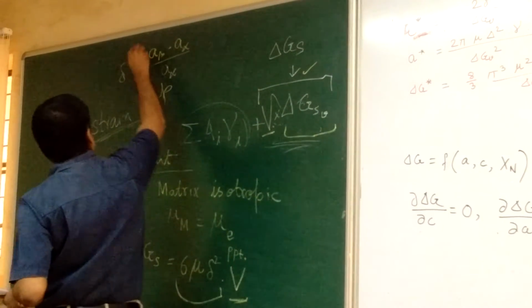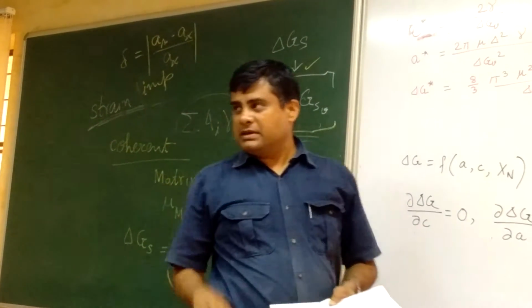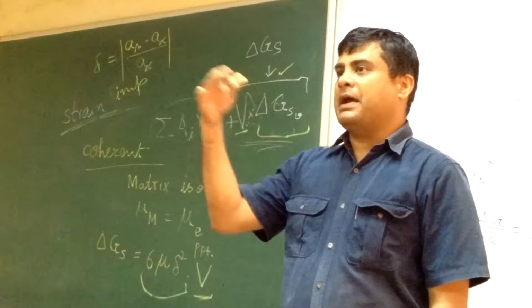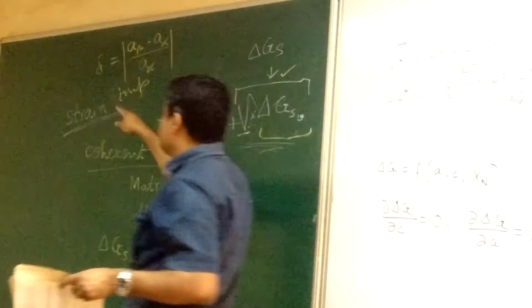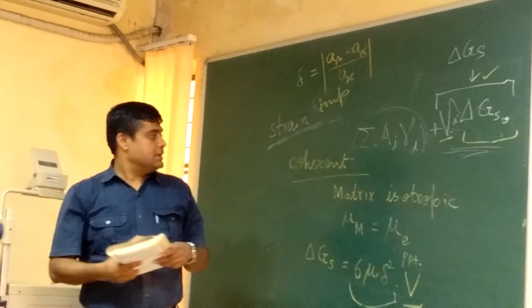So between two phases, alpha and beta, this is the lattice misfit given by delta, the lattice parameter misfit.